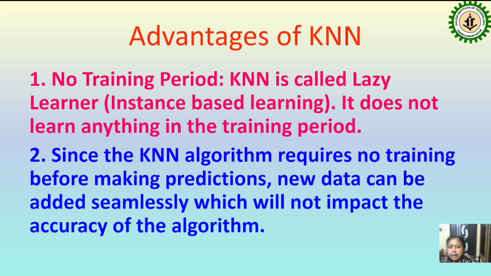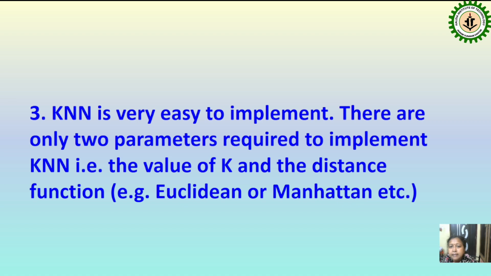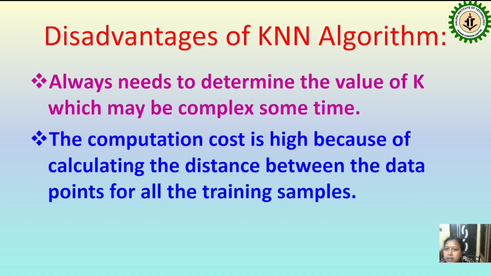Next advantage, since the kNN algorithm requires no training before making predictions, new data can be added seamlessly, which will not impact the accuracy of the algorithm. kNN is very easy to implement. There are only 2 parameters required to implement kNN: the value for k, which we have to find, and the distance function, Euclidean or Manhattan.